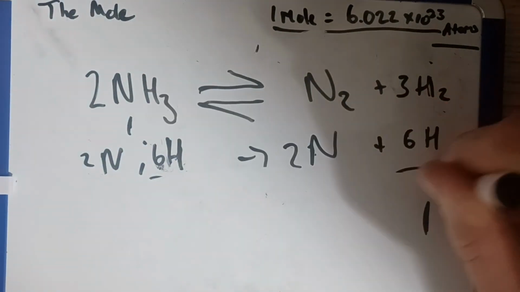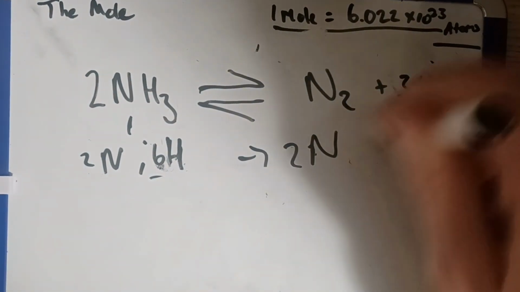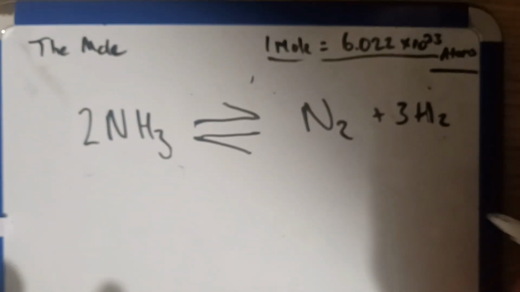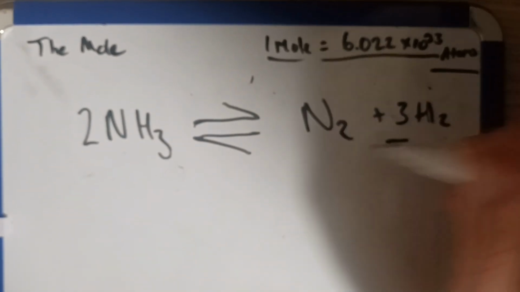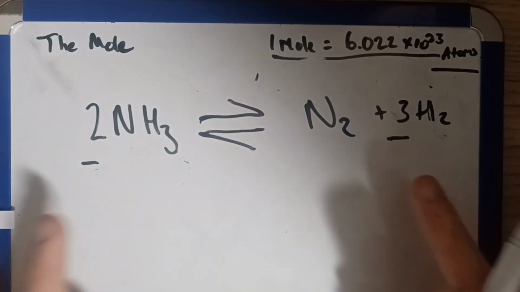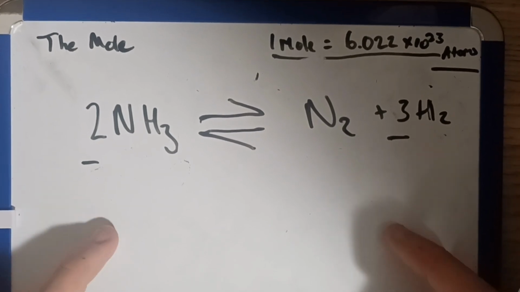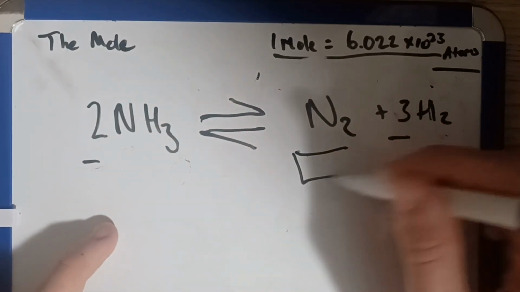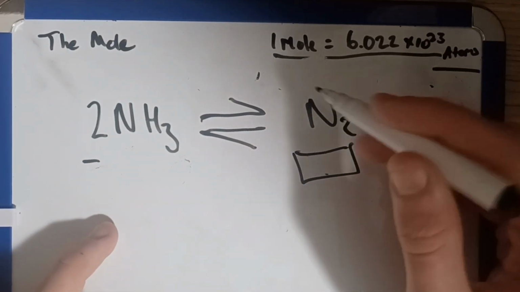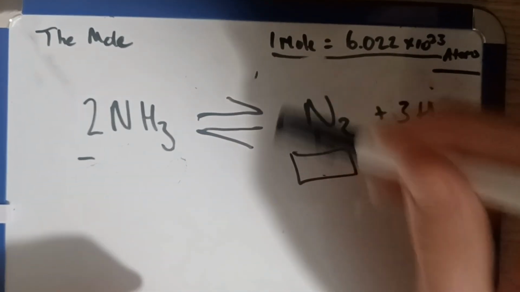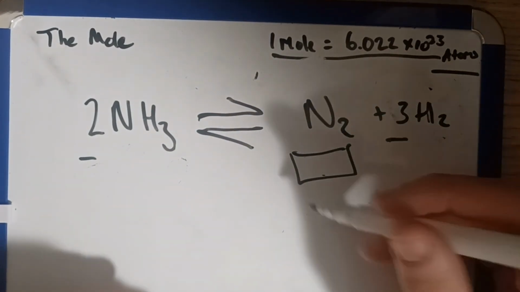So now when you're finding the moles, we need to take a keen eye to these numbers. If we didn't have these numbers, we would not be able to calculate a proper mole. We'd be able to calculate a proper mole for this one because we have 1, and that's simply following the same process as before.